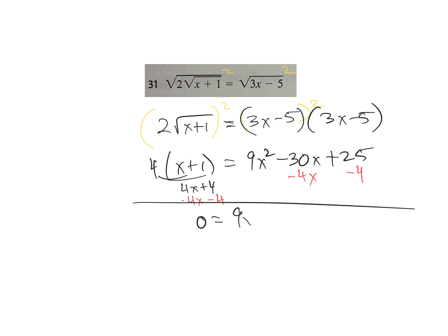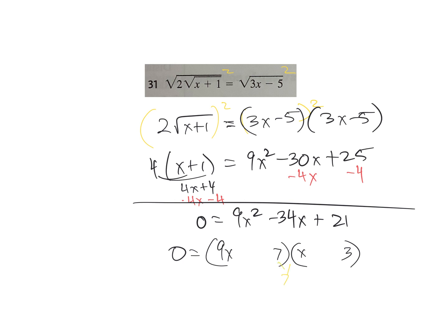0 equals 9x squared minus 34x, oh, that'd be plus 21. Okay, let's see if we can get this to factor. Pause it and think about it first. Okay, so this should be 9x and x, and 3 and 7.